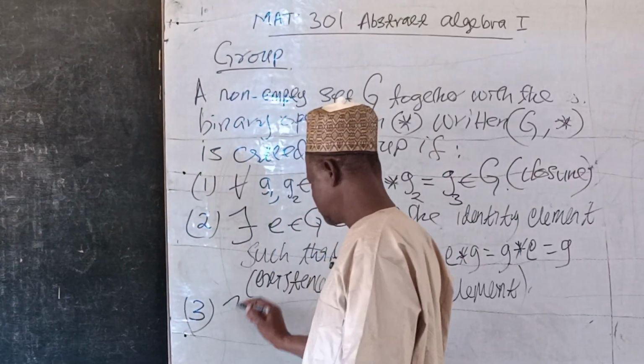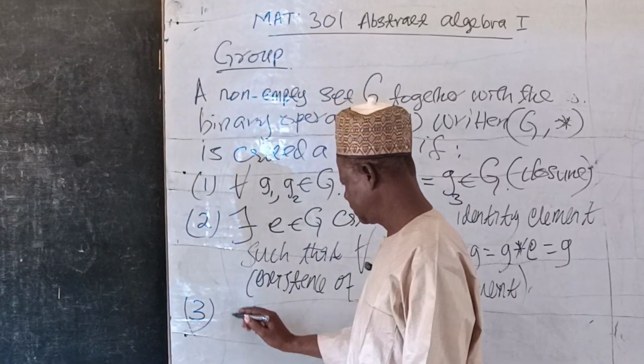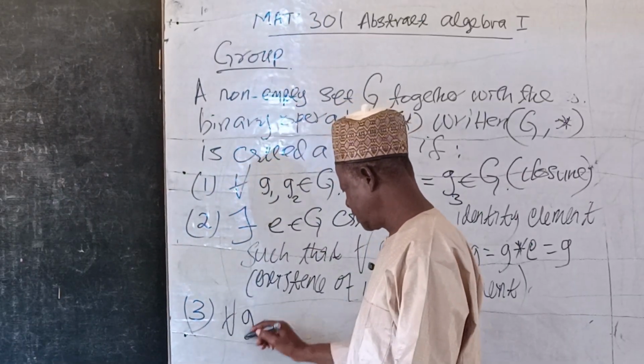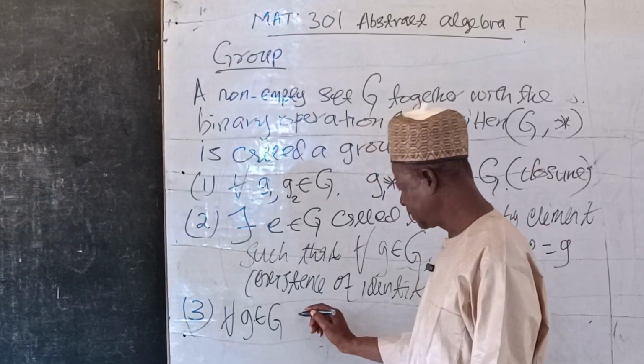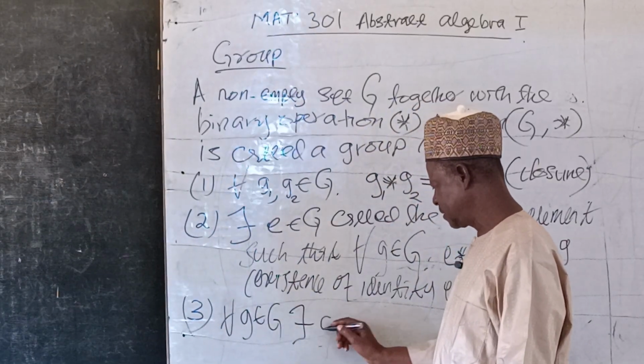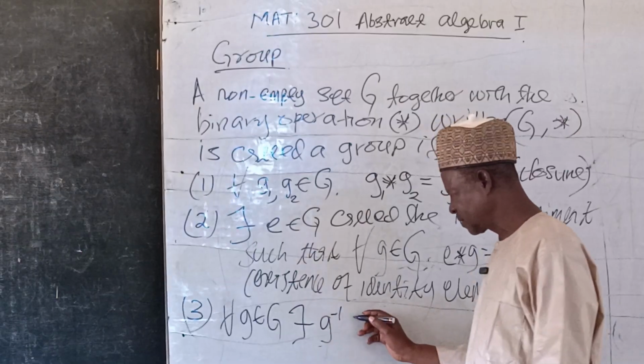Now, there exists for any G you pick in the group G, there will exist what we call G inverse.